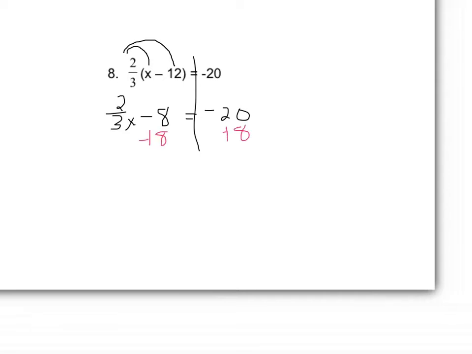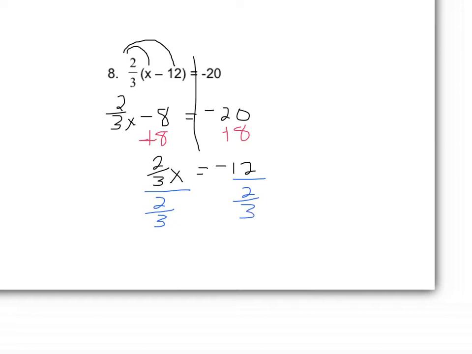and I'm left with 2/3 x equals -12. Okay, and then my last step is going to be to get rid of that fraction in front of x, so I need to divide both sides by 2/3, right?